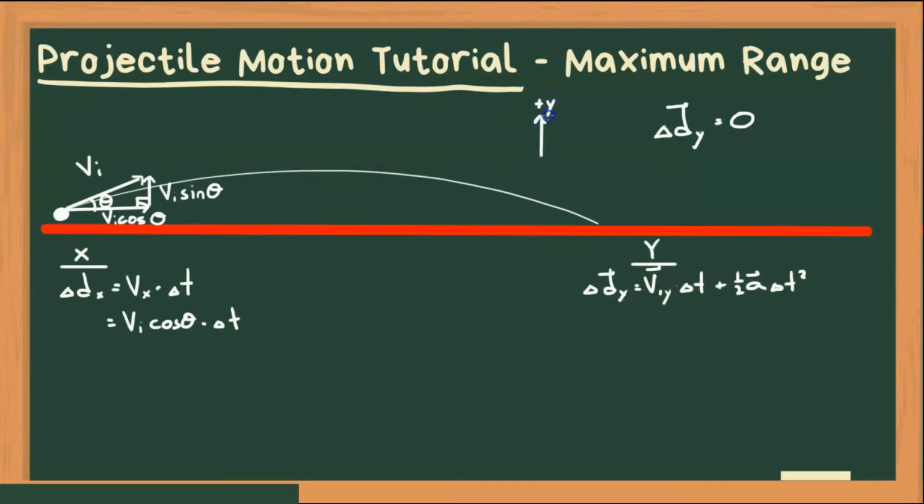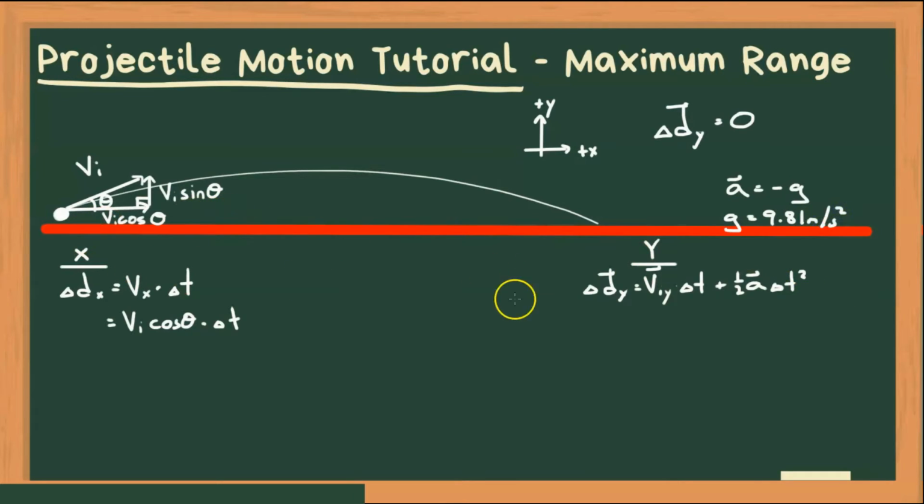You could make down to be your positive direction. So that means VIY is going to be positive, and a is going to be negative. So I'm going to write a as negative g, where g is going to have our value of 9.81 meters per second squared.